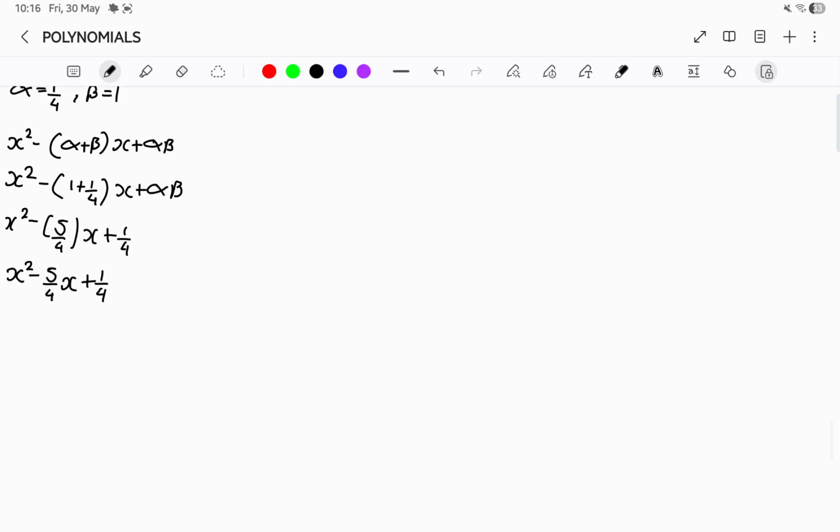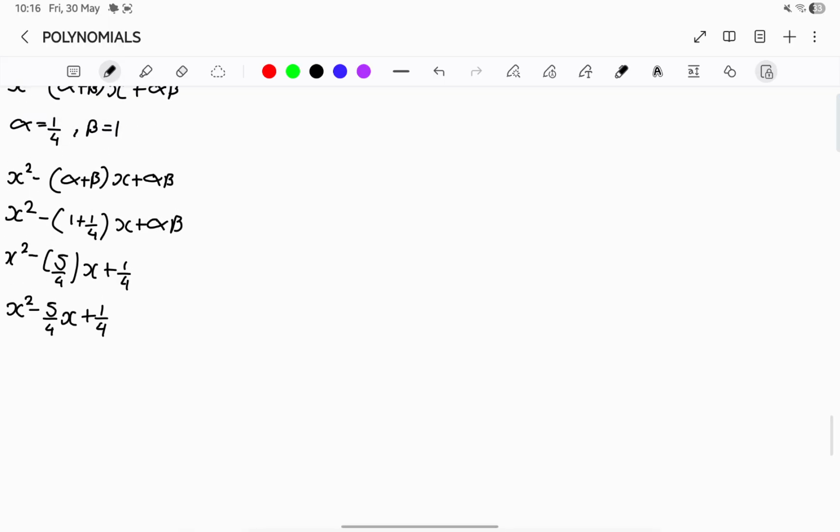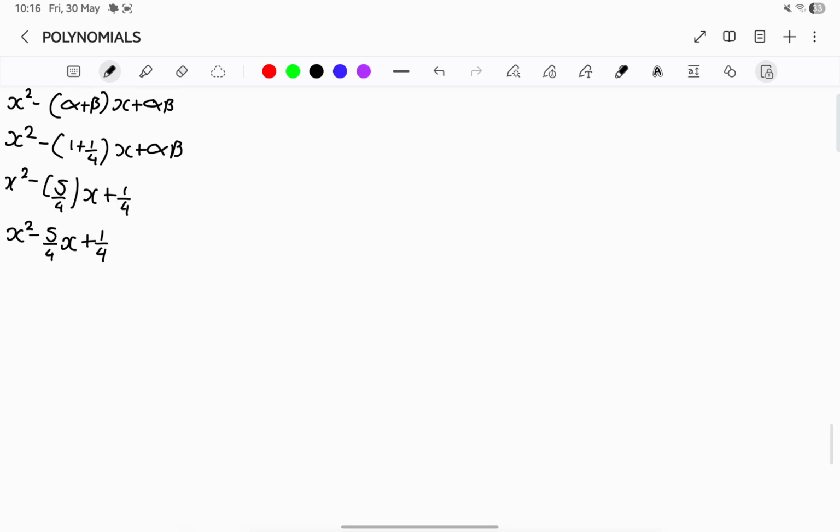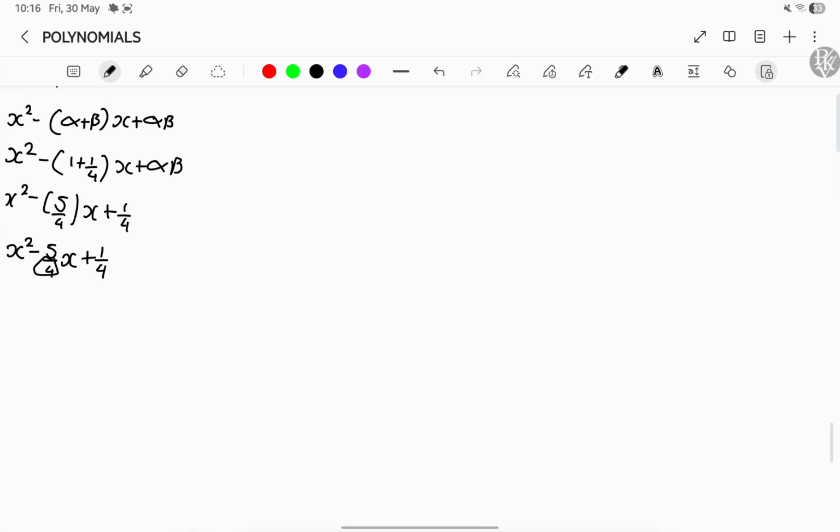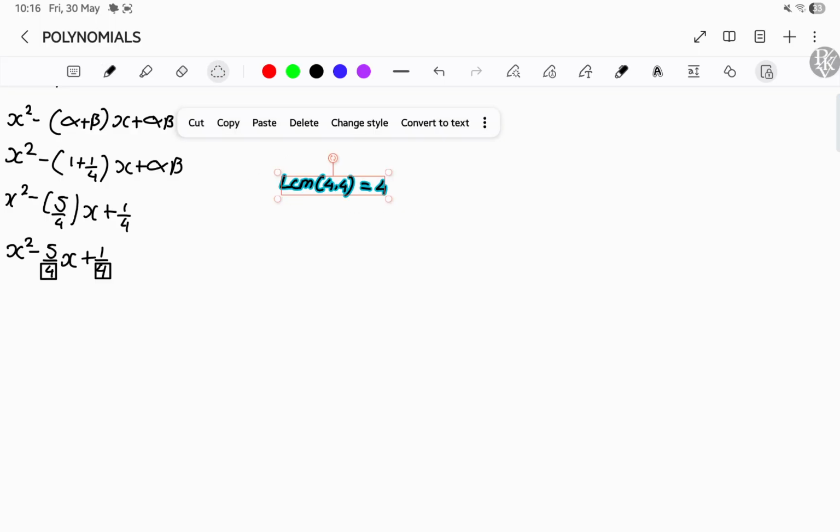But then there will be some issues because sometimes teachers might want us to not have the 4 as the denominator. That's okay, because just find the LCM of the denominators. 4 and 4, LCM of 4 and 4 is basically, we know that it is equal to 4. If you don't, that's fine.